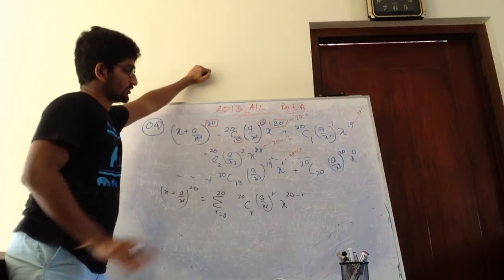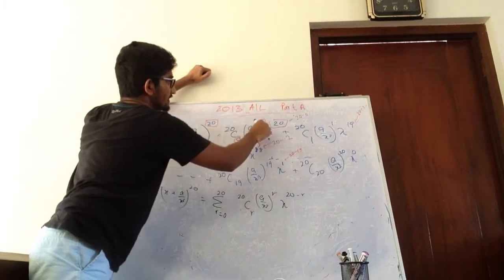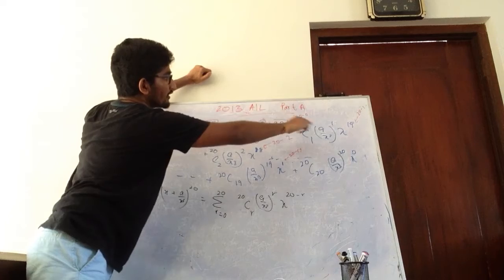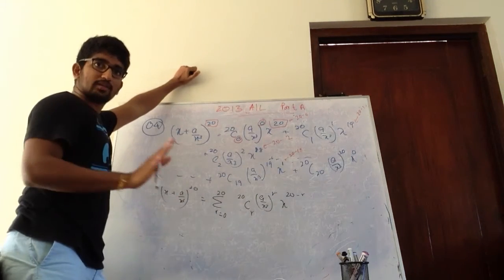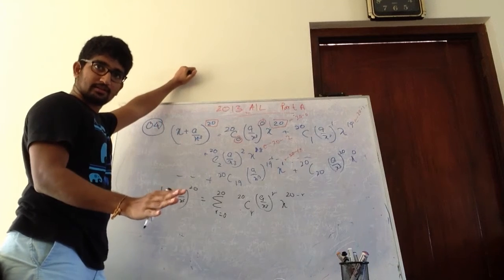Because here this is r, 20 minus r, 20 minus r, this is the common thing.